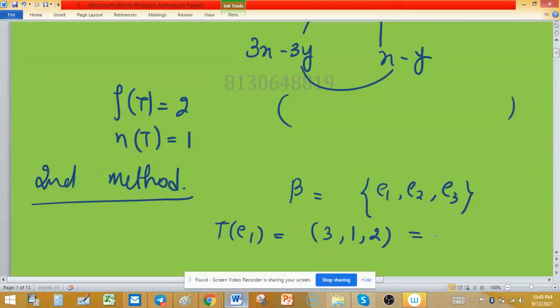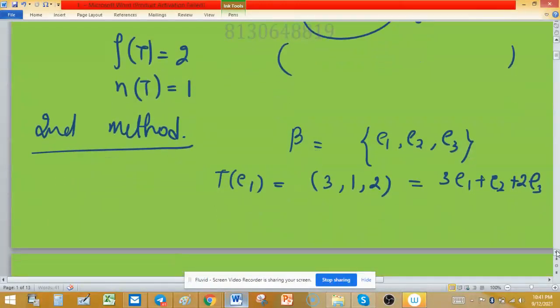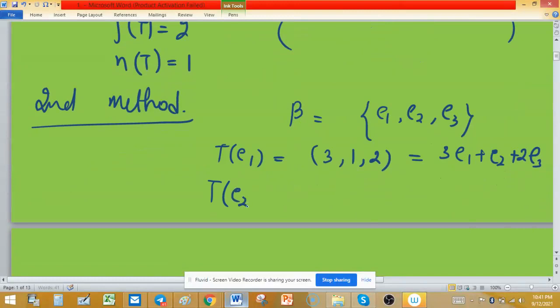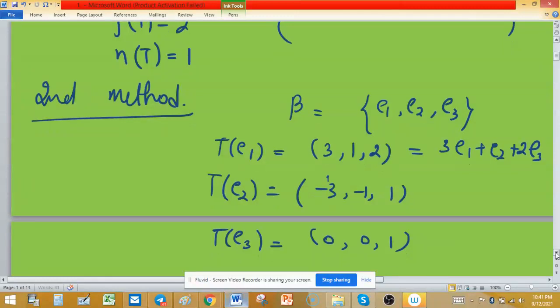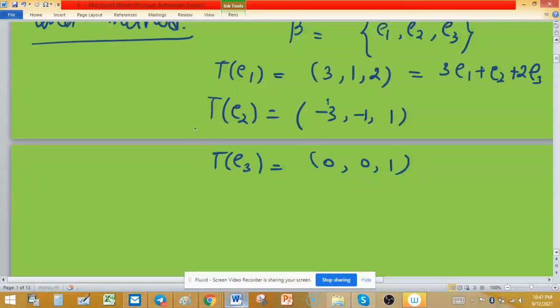The basis of codomain and domain is the same, so this is 3e1 + e2 + 2e3. Now we need T e2, which will be (−3, −1, 1), and T of e3 is equal to (0, 0, 1). So we have three linear combinations of the basis elements.